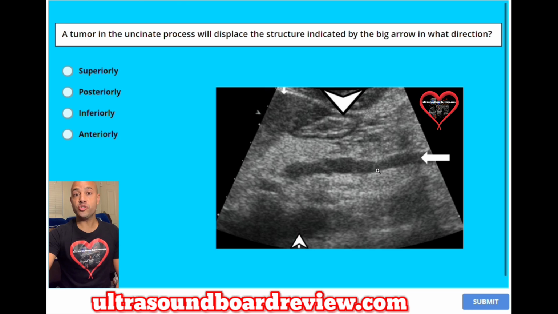This arrow is pointing to the superior mesenteric vein, and a tumor in the uncinate process will displace this vein anteriorly. So the answer is D.